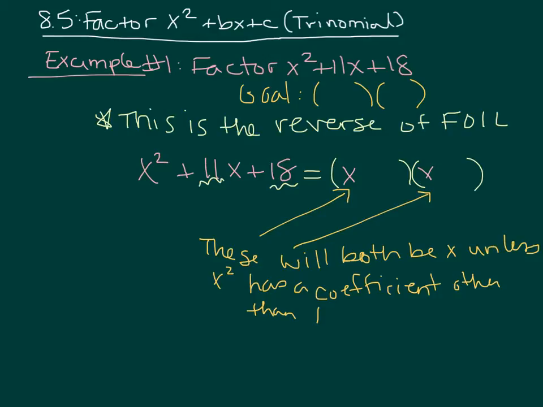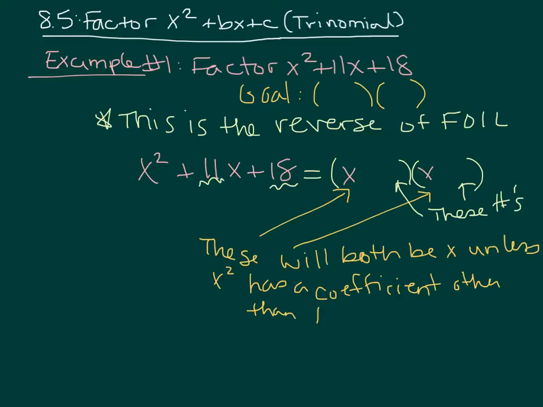The next thing you're going to do is look at our two numbers that I have underlined, the 11 and the 18. So what you want in this part is you want these last two numbers, including their signs, to multiply to whatever your constant term is.